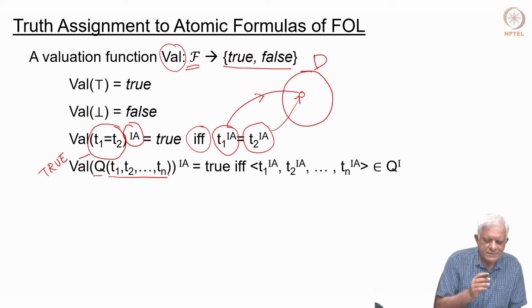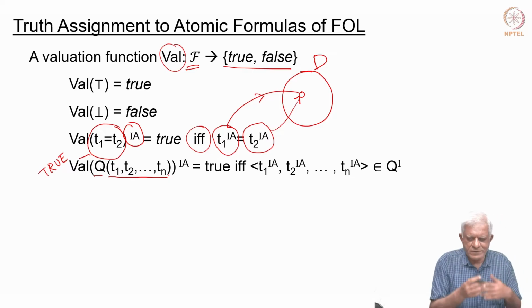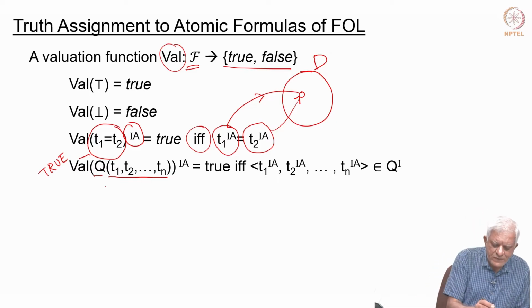We will see perhaps whether we can be more expressive than that, can we allow something more, we will think about that later. As far as we are concerned, in first order logic the arguments to predicates are terms, and so an atomic formula of the kind which says a predicate name Q in this case, which takes n terms as argument, we want to find out whether it is true or not.